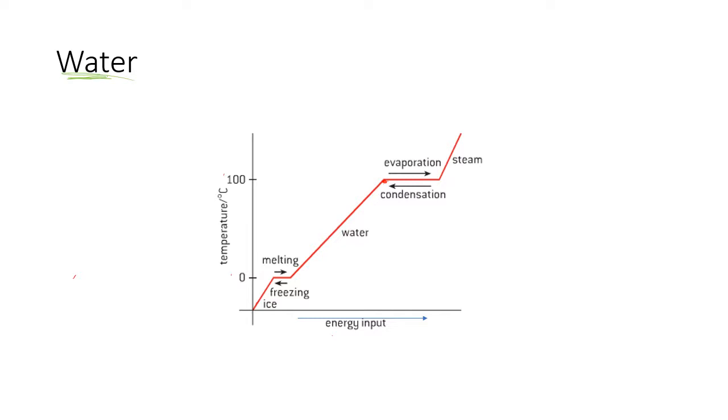Okay, so you see on this side of the chart here, this is giving you the temperature. And we know, or if you don't, you need to know that the freezing point of water is 0. And we know that the boiling point of water is 100 when it comes to degrees Celsius.